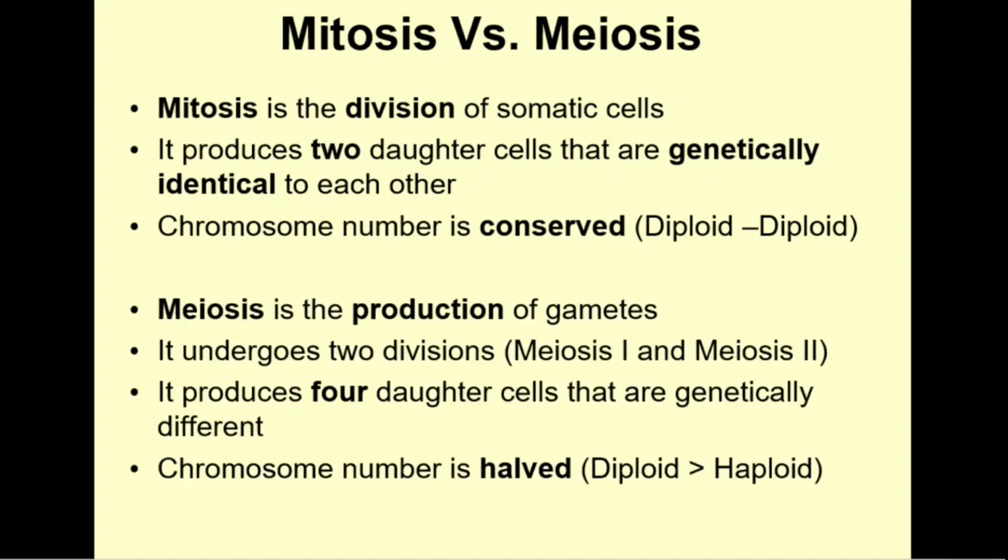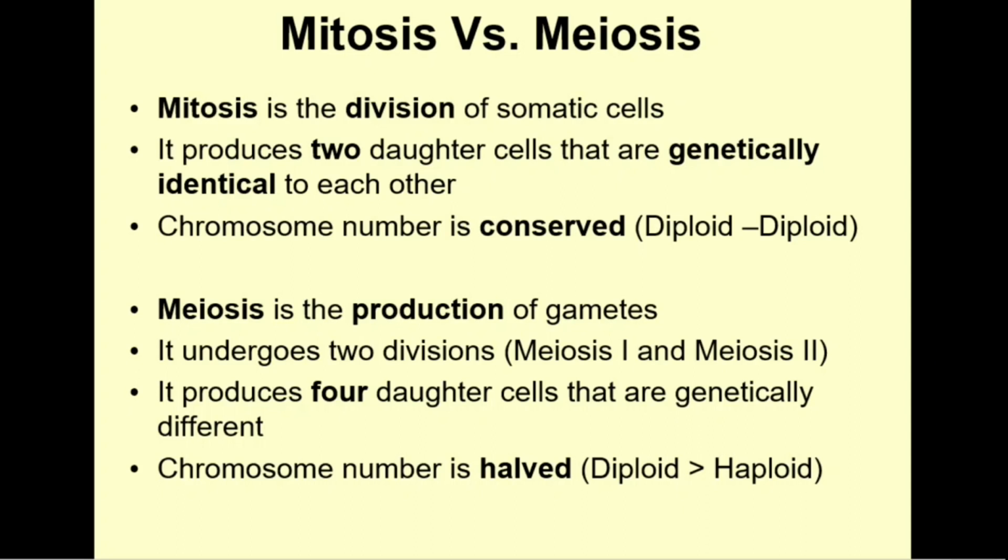If we compare that to meiosis, meiosis is the production of gametes. So it's not the division of gametes, it's the production of gametes. Unlike mitosis, which undergoes just one division, meiosis undergoes two divisions. We go through meiosis I, and then a second division called meiosis II: Prophase II, Metaphase II, Anaphase II, Telophase II, and then cytokinesis.